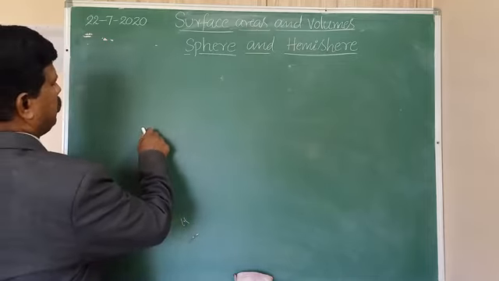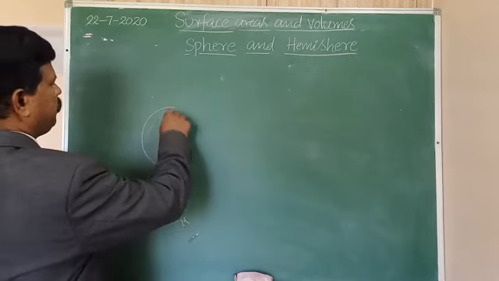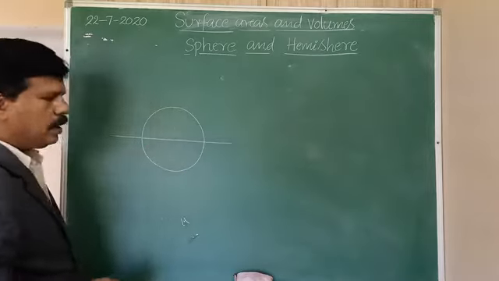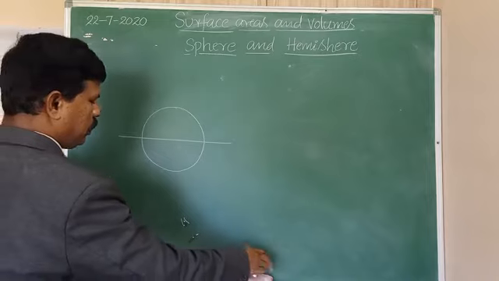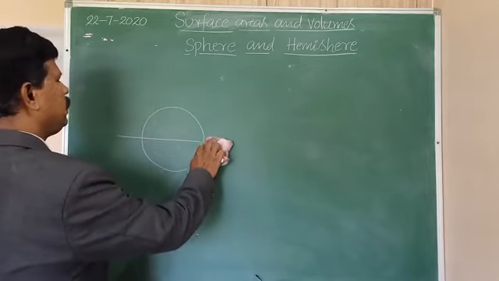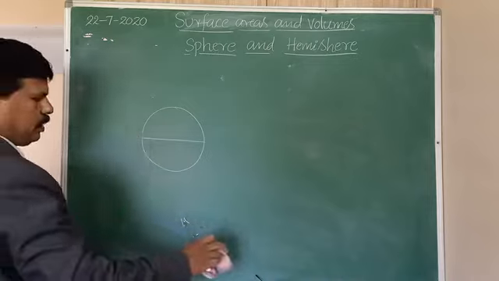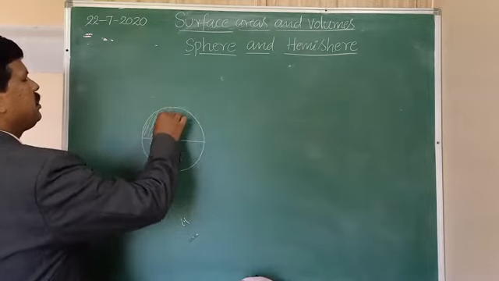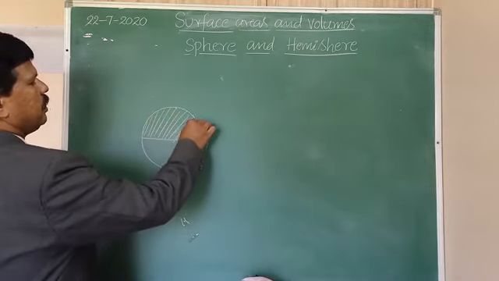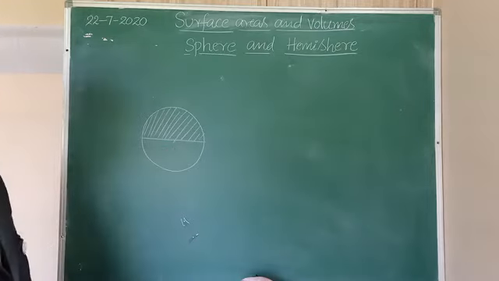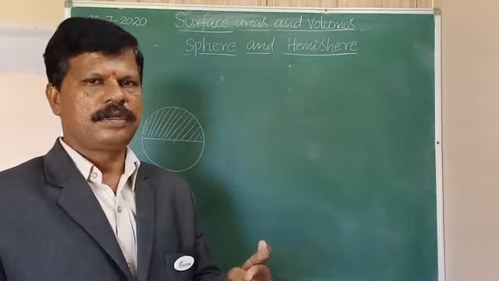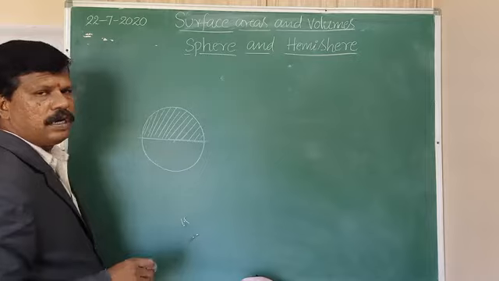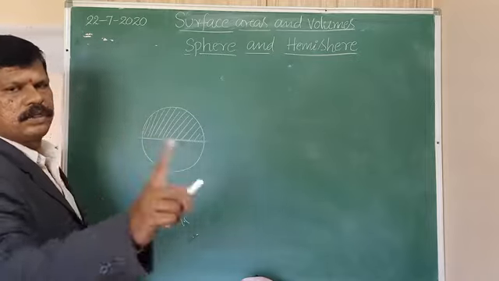a circle, you have a circle. Okay, cut it by drawing a diameter. When you draw the diameter, it divides the circle into two parts. Here, this is called a semicircle. This is a semicircle. Now, what you can do is take a stick, then paste that stick along this diameter and rotate.